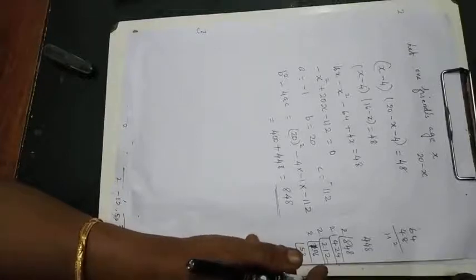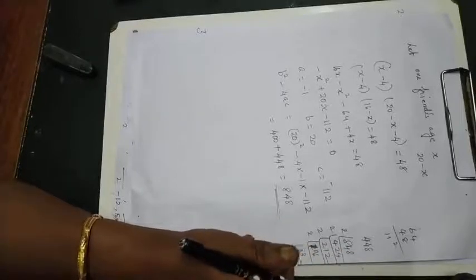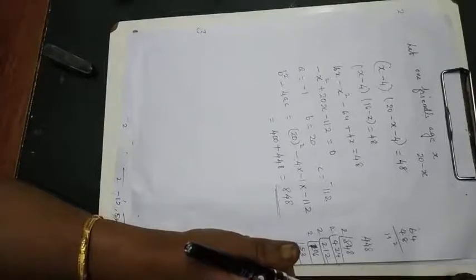So b square minus 4ac is greater than 0, but here the square root we cannot find out. So in this case it is not possible.